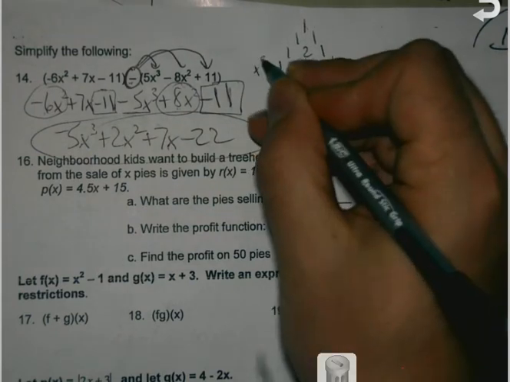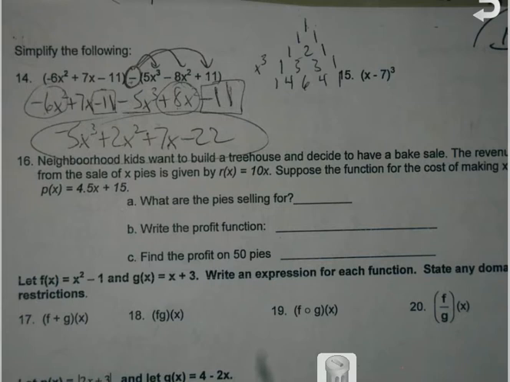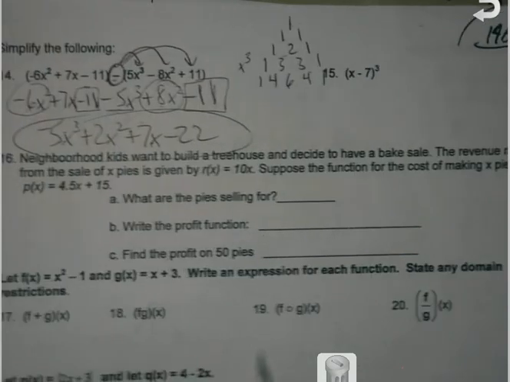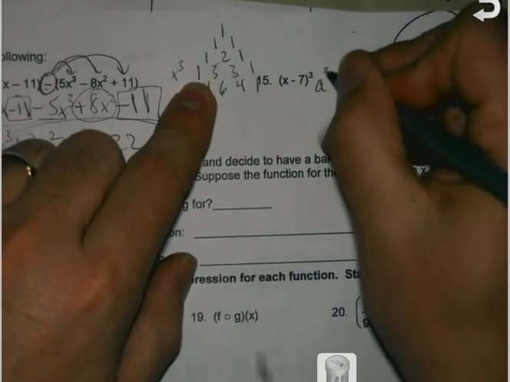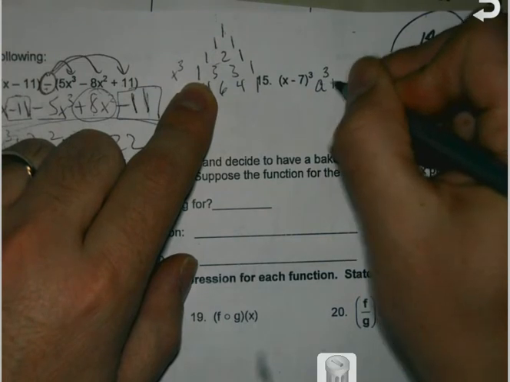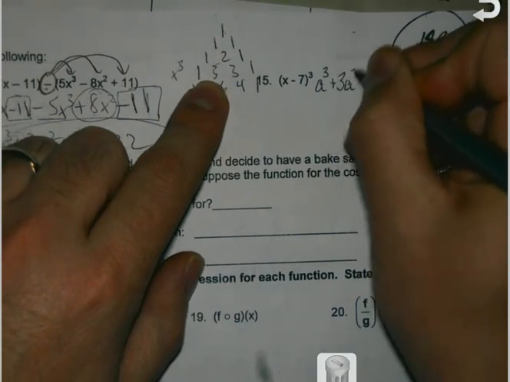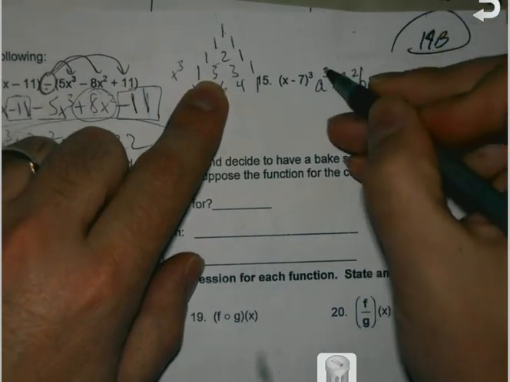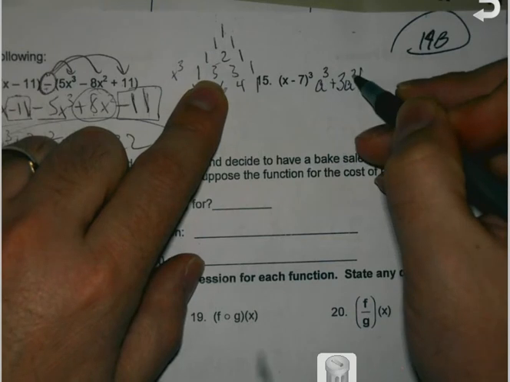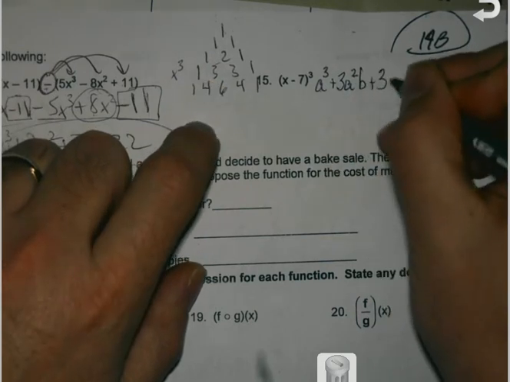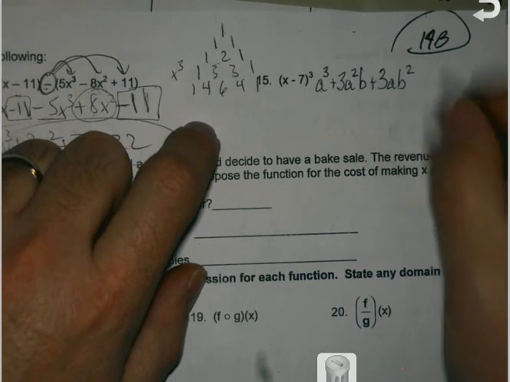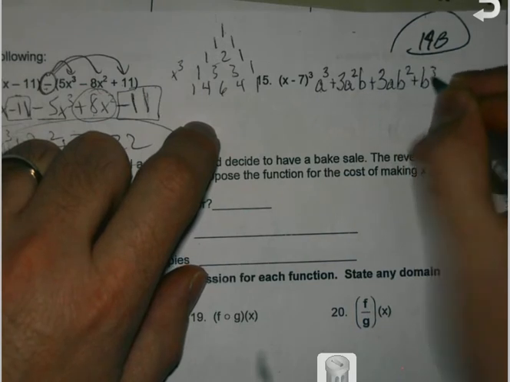Okay, this is my x cubed line. So my pattern for this one is a cubed plus 3a squared b, because again my a value goes down 1 degree each time. My b is going to go up, plus 3ab squared plus b cubed.